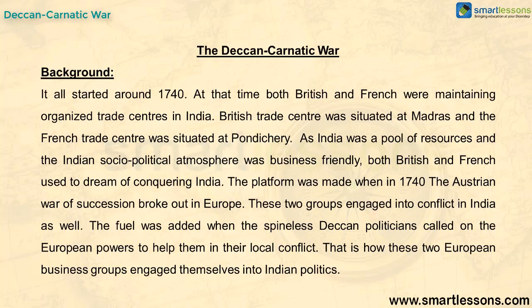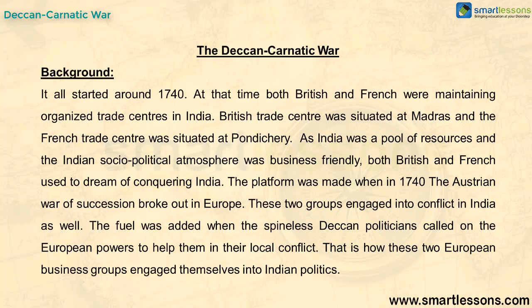The British trade center was situated at Madras and the French trade center was situated at Pondicherry. As India was a pool of resources and the Indian socio-political atmosphere was business friendly, both British and French used to dream of conquering India.